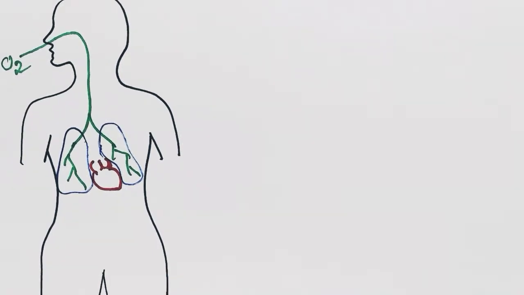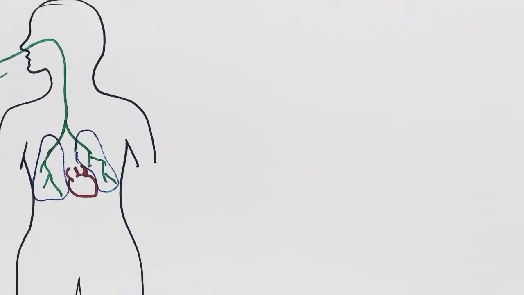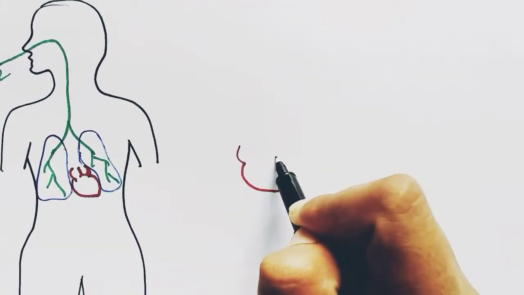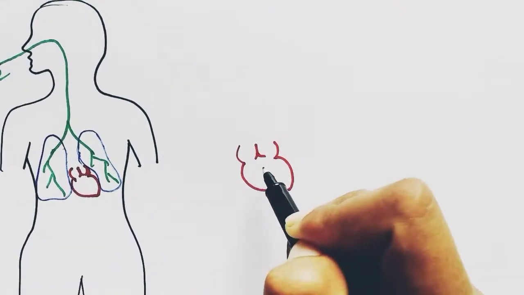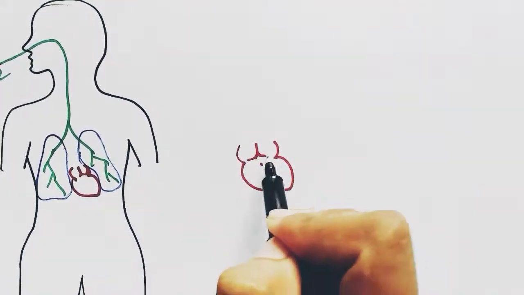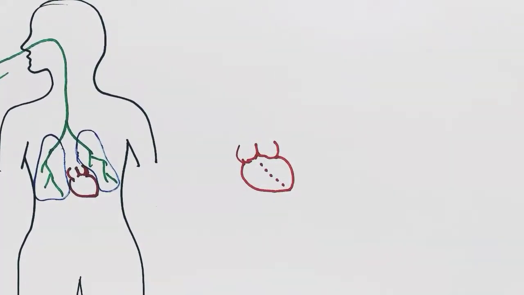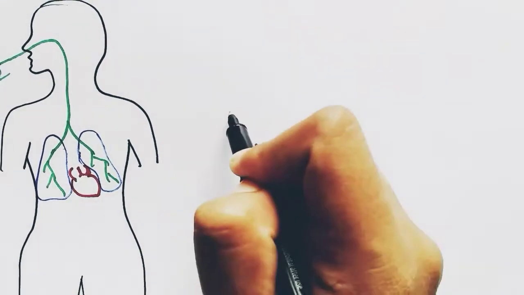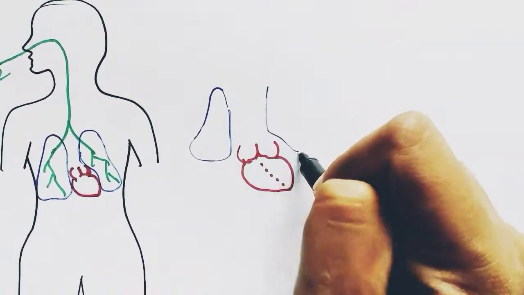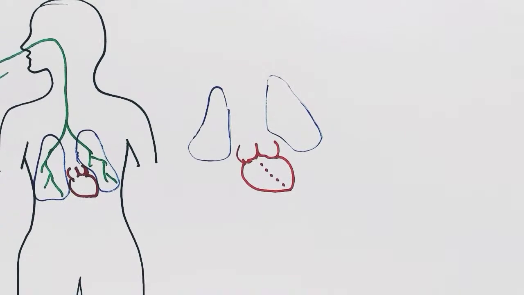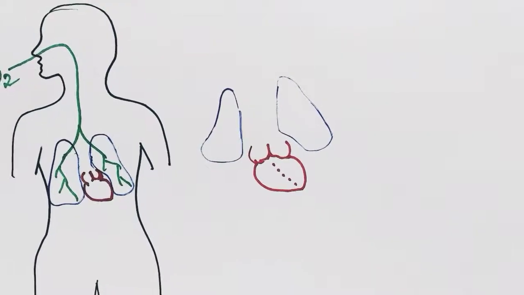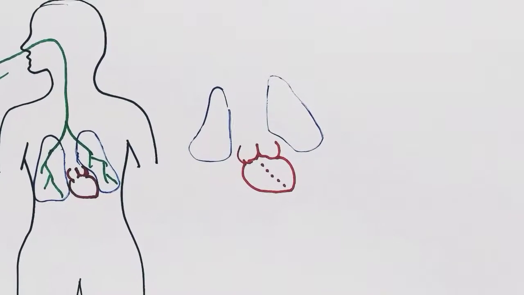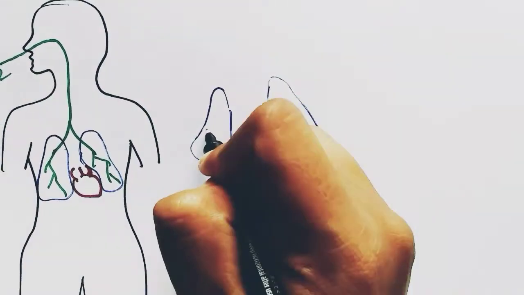So oxygen in the blood has to be pumped to all the body parts. So the blood vessels present in the lungs will send the oxygenated blood to the heart and the heart will pump them to other body parts.